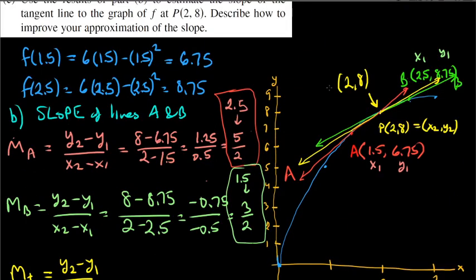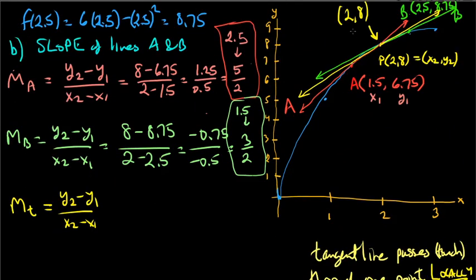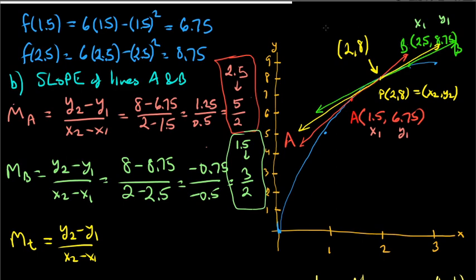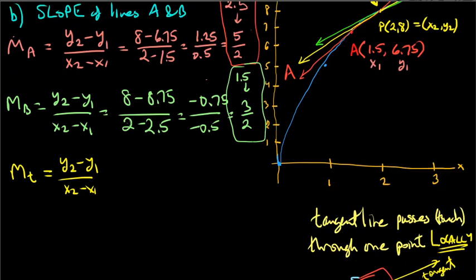All I can do is use x1 and y1 as (2, 8), but then that's the same as x2 and y2. So I get 8 minus 8 for the numerator and 2 minus 2 for the denominator, so 0 divided by 0. If you remember what I said earlier, that's nonsense. That's not the slope.